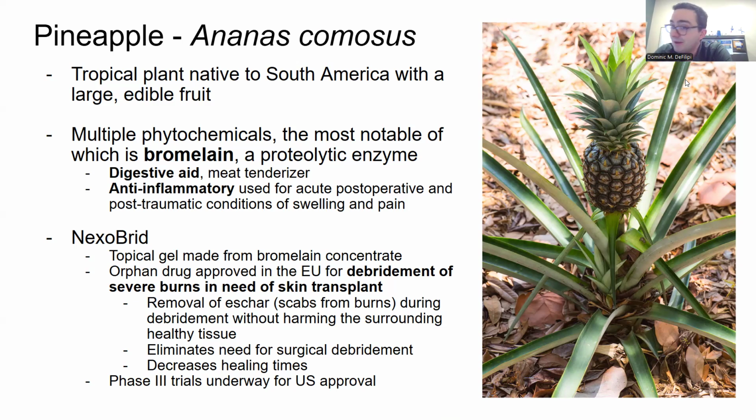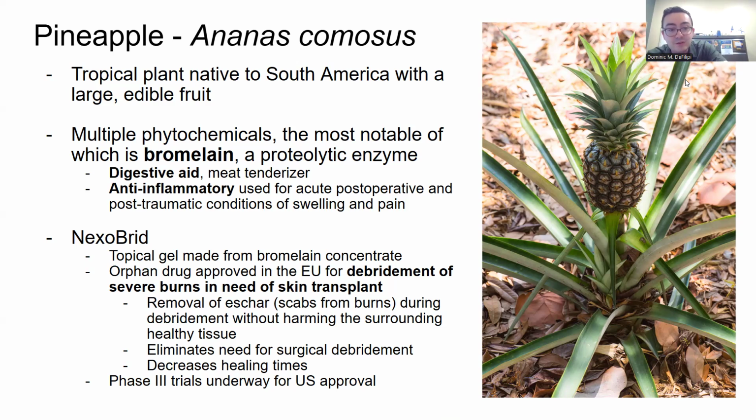So that same idea, that bromelain proteolyses the proteins in different tissues, makes it really good for debridement. It removes eschar, or scabs, from burns. Debridement is a very painful process where the dead skin has to be cleared off pretty regularly for a burn patient so the good skin underneath can heal.